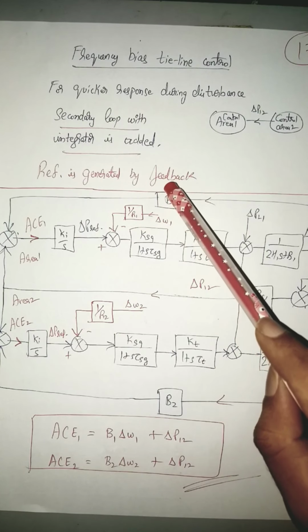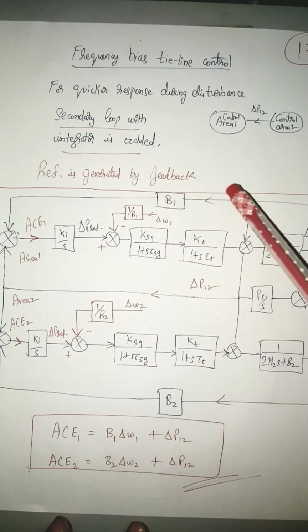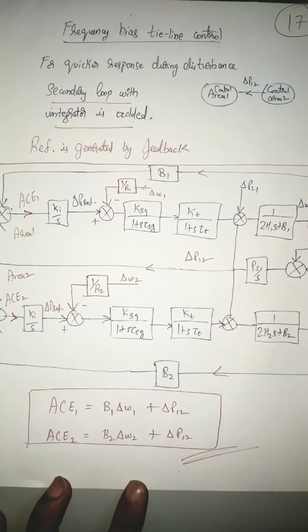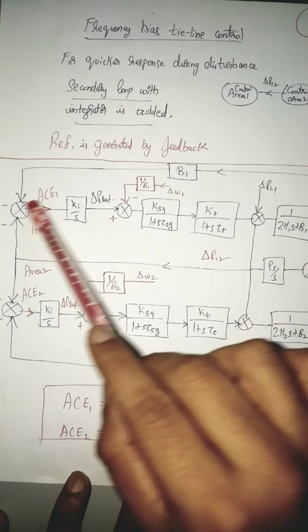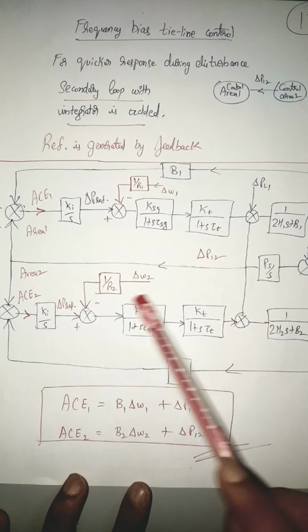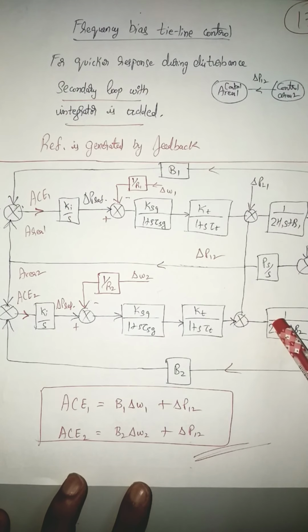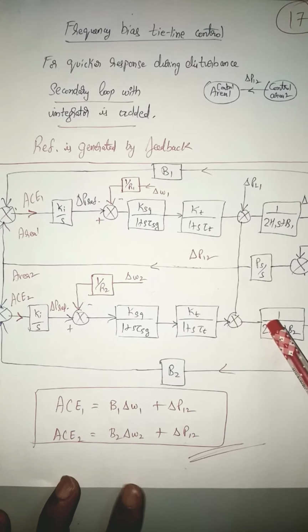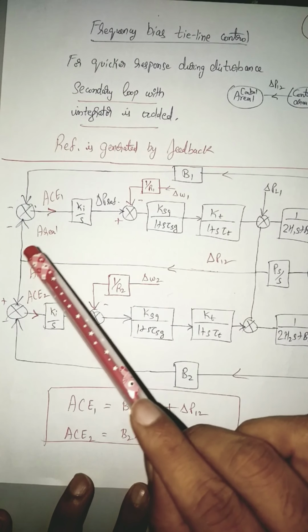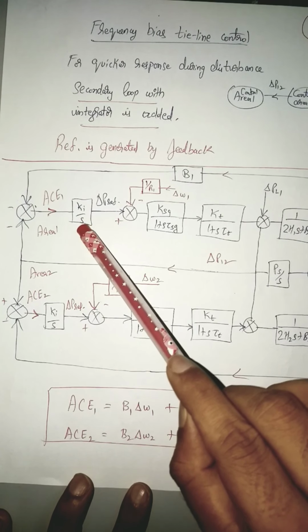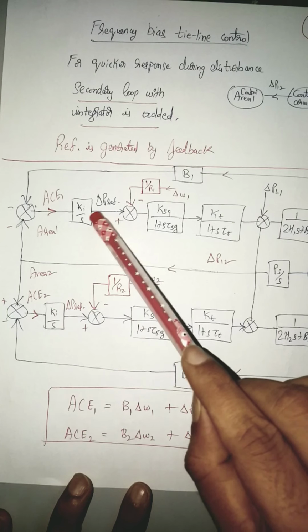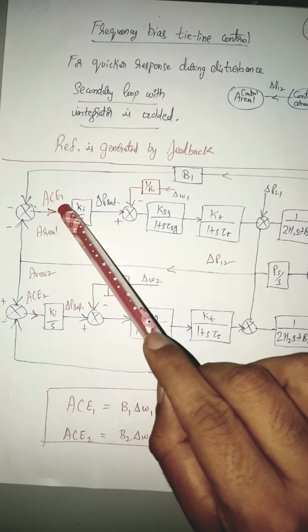So just try to compare the previous block diagram with this block diagram. You can see this is the block diagram for area 1 and this is the block diagram for area 2. The only difference between this diagram and the previous diagram is your reference power is getting generated through an integrator, and that is nothing but area control error ACE.